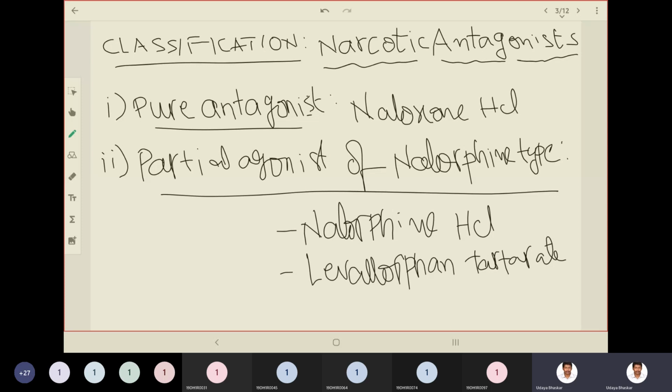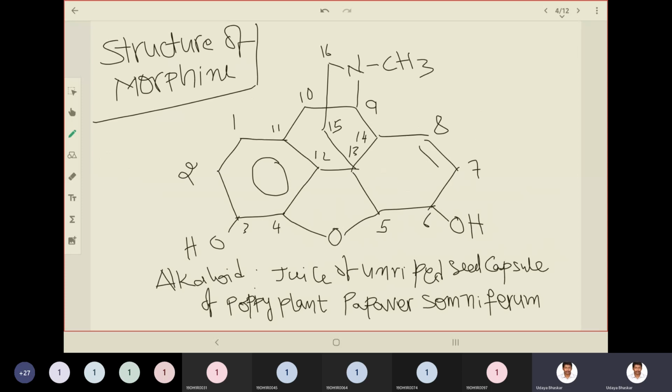And in the narcotic antagonists classification, we have three. One is categorized as a pure antagonist, that is naloxone hydrochloride, and a partial agonist of nalorphine type. So nalorphine hydrochloride is one, the other one is levorphanol tartrate.